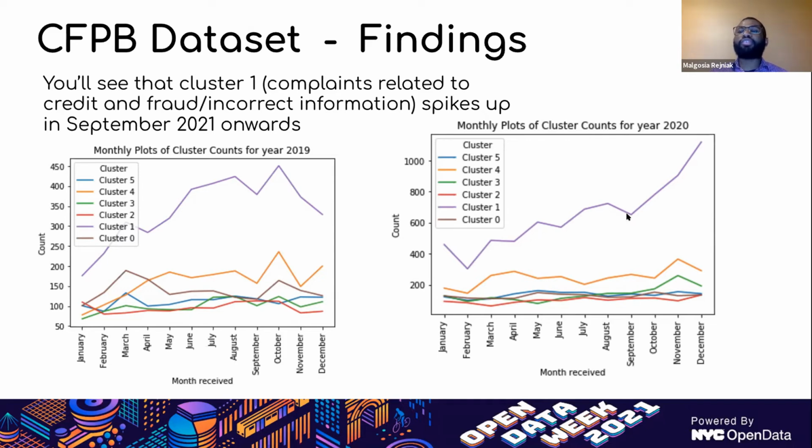And then it seems to skyrocket from September onwards. So it'd be interesting to see what kind of events occurred during that time, to get an insight into what kind of financial issues, or if there was increased widespread fraud or something like that going on in the New York City area during that time.